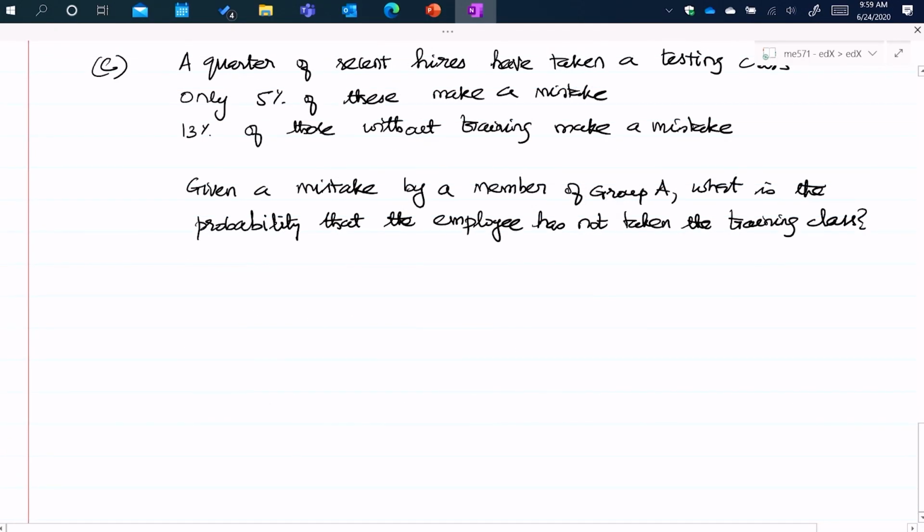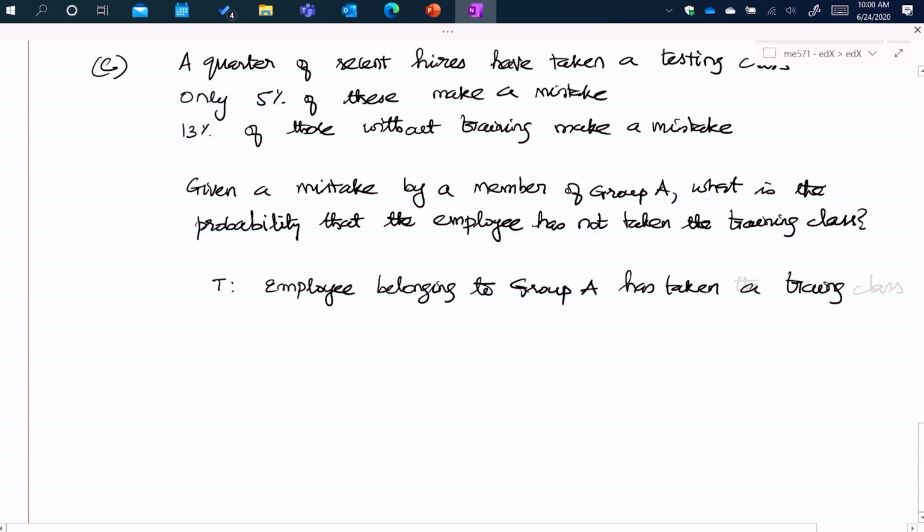So that's the question. What we are going to do is define a new event. Define event T as the employee belonging to group A has taken the training class. T complement would imply no training class.